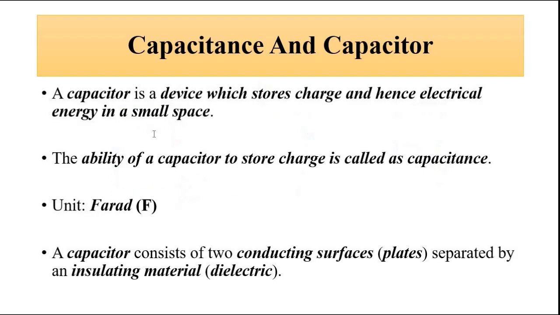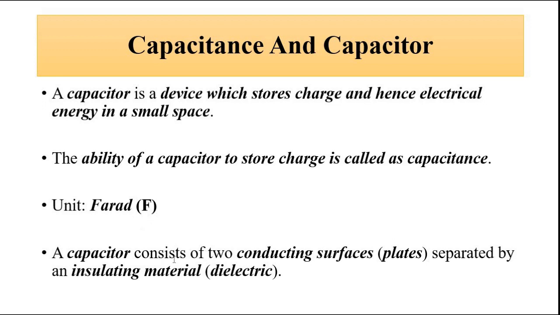So the capacitance is the ability of a device, in this case the two metal plates, to store electric charge. And a capacitor is a device which stores electric charge and hence electrical energy. The ability of the capacitor to store charge is called capacitance. The unit of capacitance is farad.